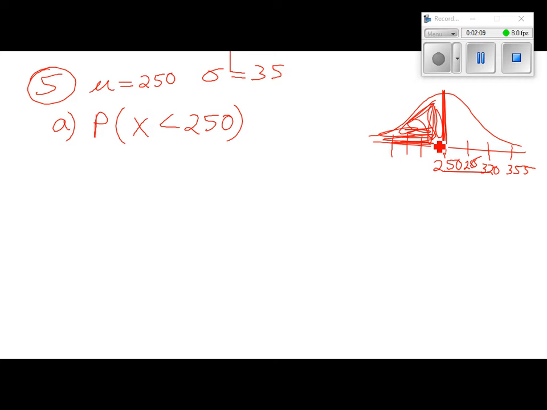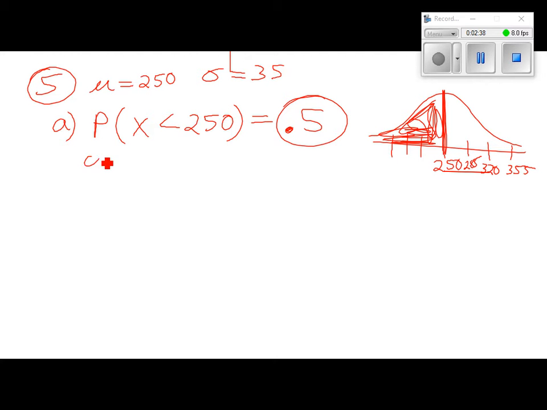That's that area. We should be able to do this without getting our calculators out. What do you know about 250? It's the mean. What part of the area is below the mean? 0.5, 50%. So 0.5 would be our probability, or the area. They said probability this time. Does it matter if it says probability or area? It means the same thing.